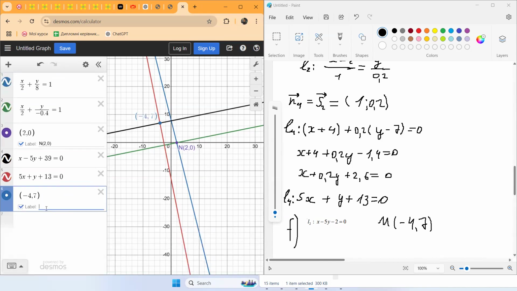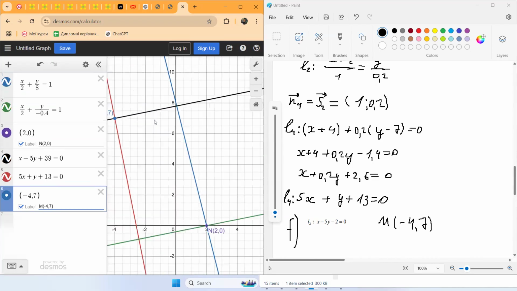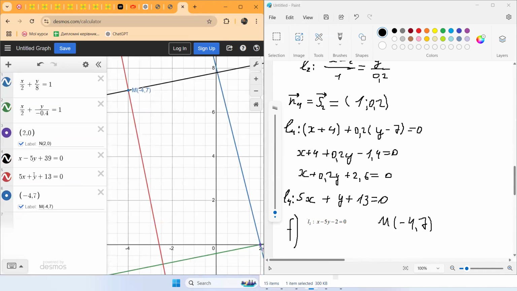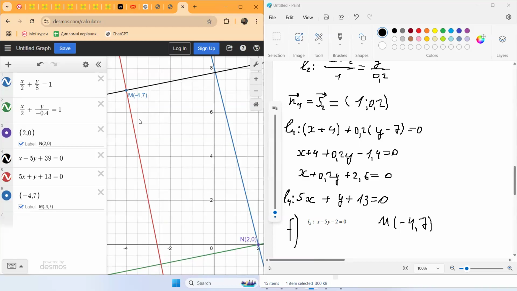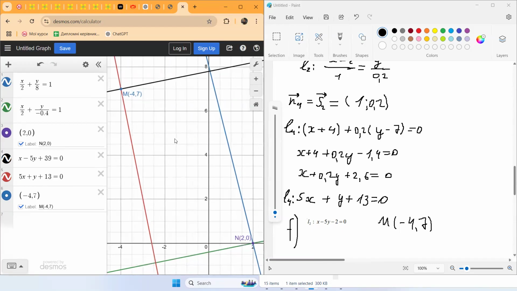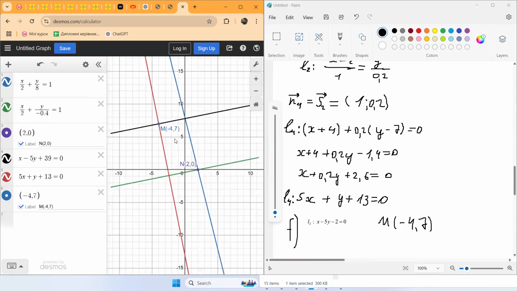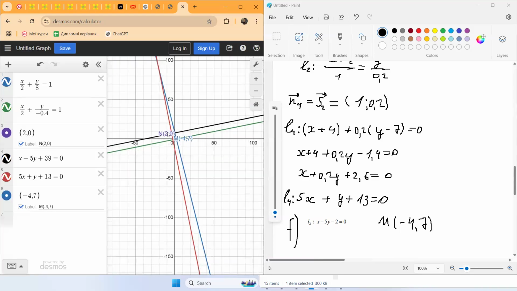Label M. So here is the point that belongs to L3 parallel to L2, and L4 perpendicular to L2. So here it is.